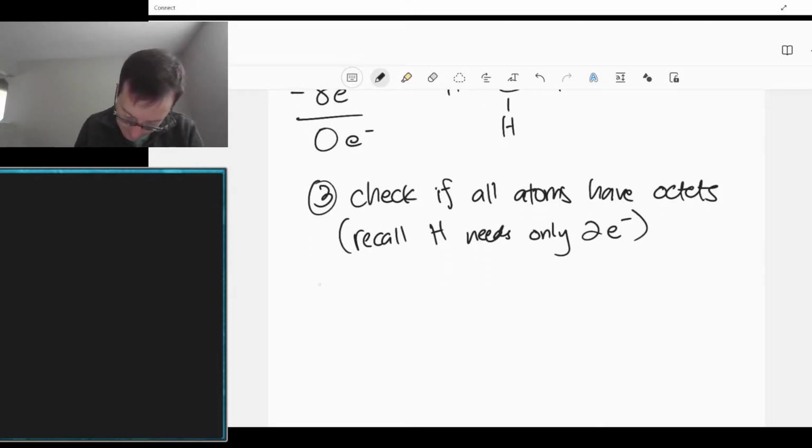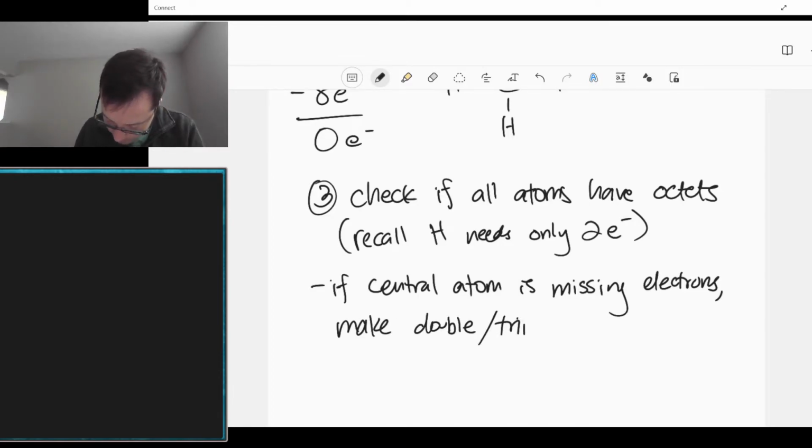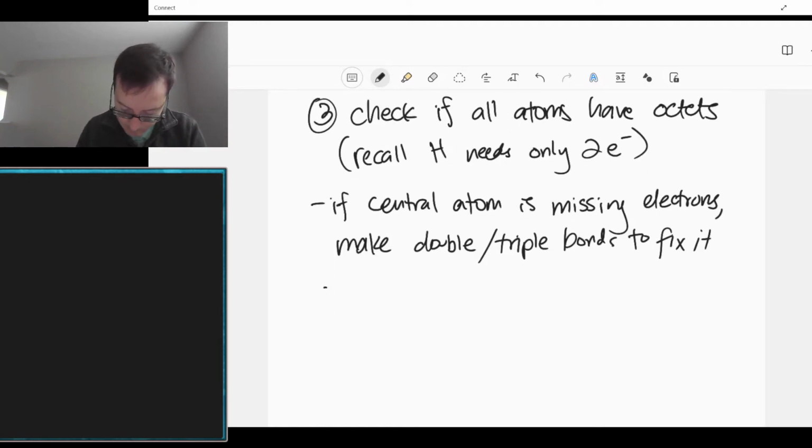So if the central atom is missing an octet, then you make double or triple bonds. And then step 4, minimize formal charges.